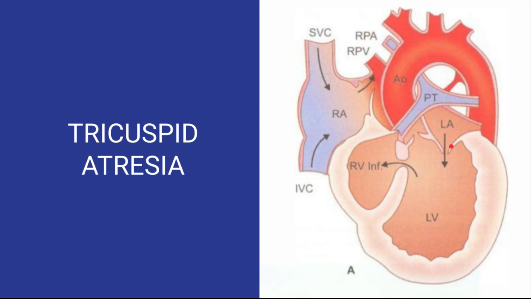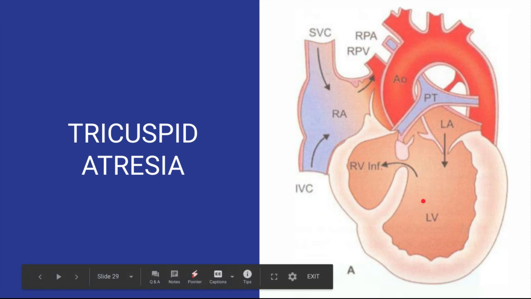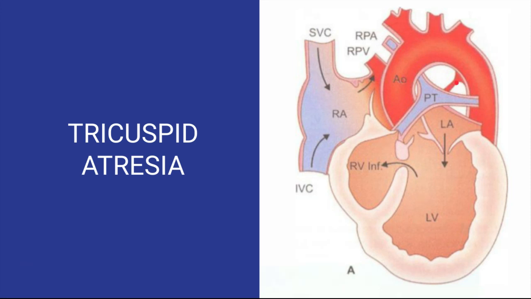Next condition is tricuspid atresia. So here is tricuspid atresia. Through a patent foramen ovale, right atrial blood goes to the left atrium with mixing of oxygenated and deoxygenated blood, and this is a duct dependent pulmonary flow type of condition with admixture.